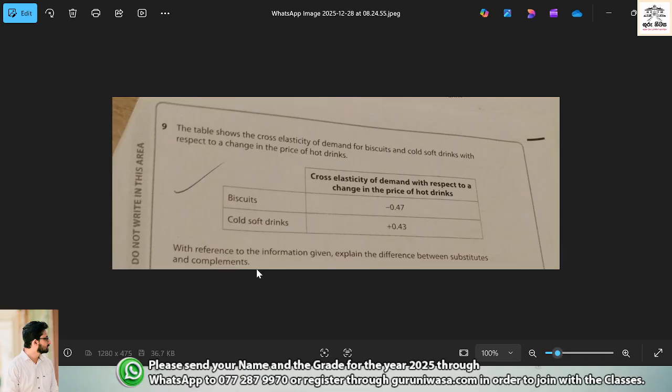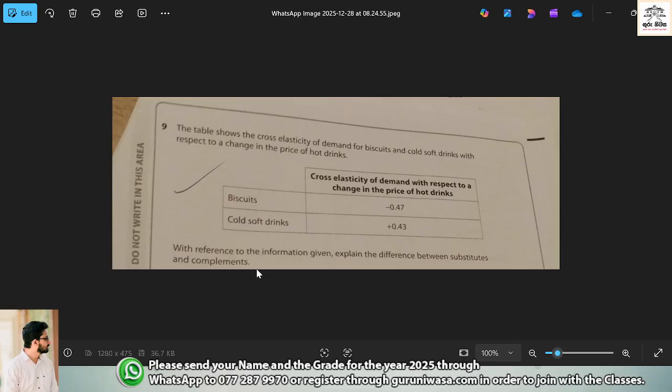Can you tell me to which products this 0.75 coefficient belongs? It's a pair of products. Complementary, yes, very good. In this example, 0.47, right?